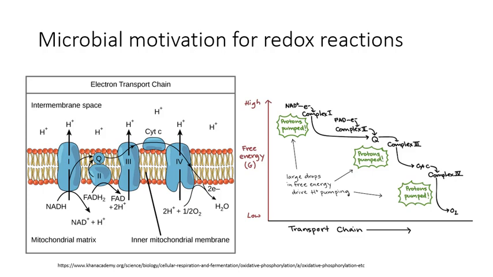Along the way, they release energy, and that energy is used to pump protons across a membrane and create a proton gradient, or proton motive force, that is used to power ATP synthase. Here the electrons are coming from the bonds of NADH and FADH2, which are produced during earlier stages of respiration.